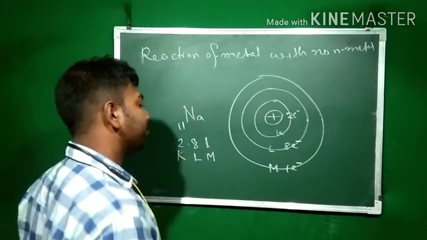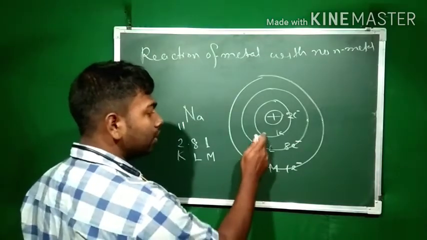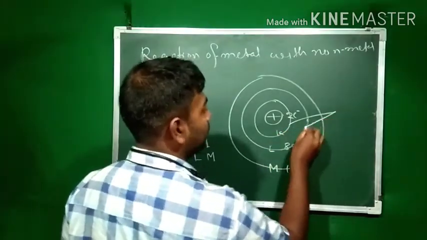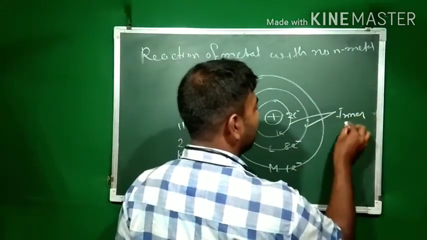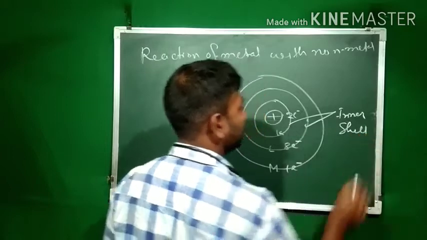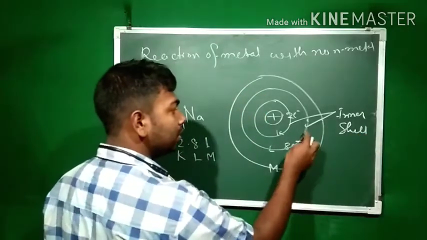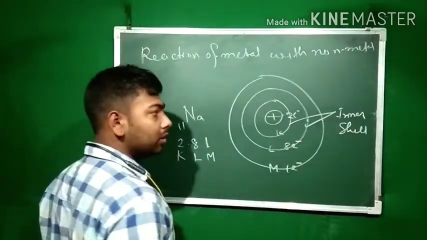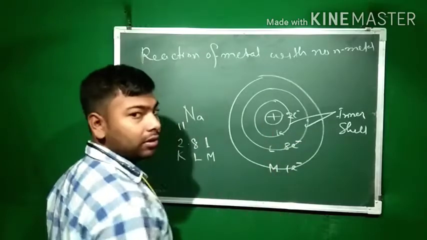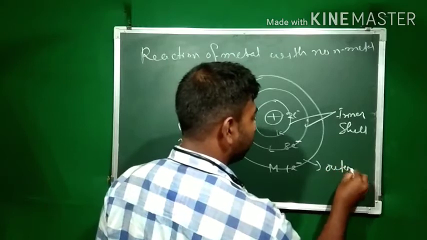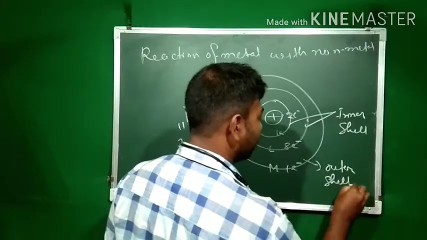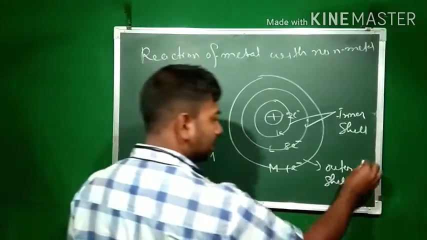Now see, these two are inner shells. Inner shell means it is inside. Now this one is the outer shell. The outer shell has another name also.